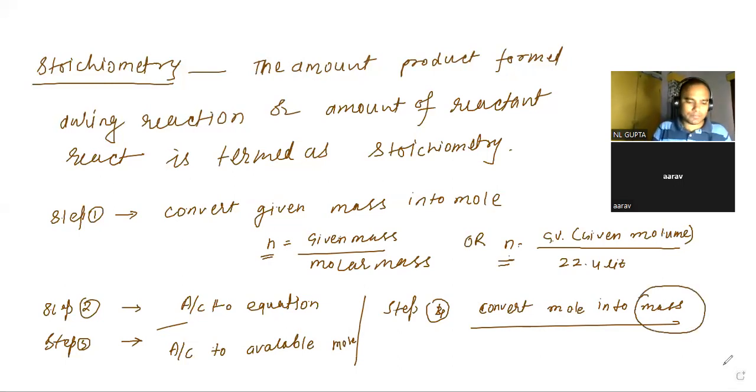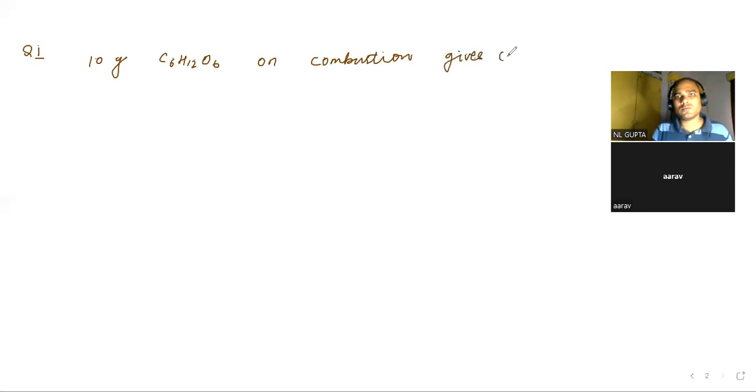Okay, question number 1. 10 gram of C6H12O6 on combustion gives CO2 and H2O.